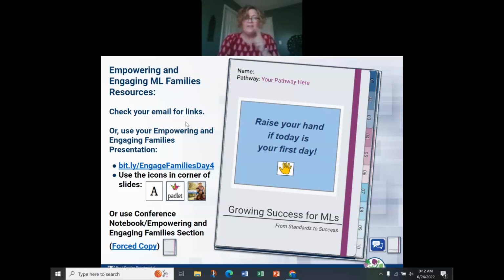The PowerPoint has been posted in the chat box, I think, Zotli. You can also use the URL on the slide here, and it is bit.ly/engage families day 4. It's hard for me to see that little link there, but engage families day 4. Tim and Zotli, correct me if I'm wrong on any of the information I'm giving out.